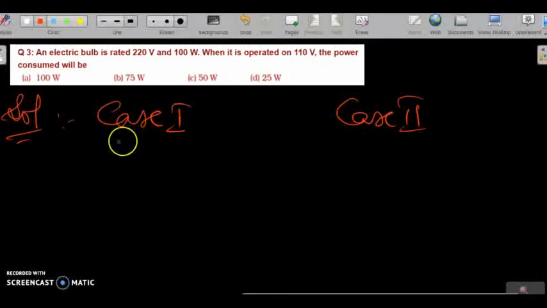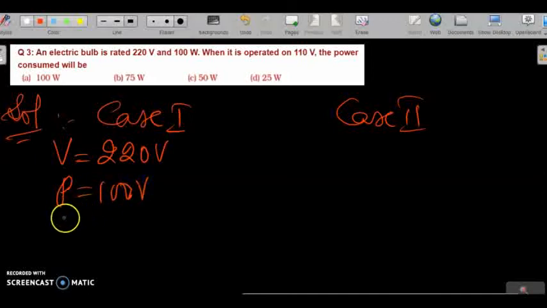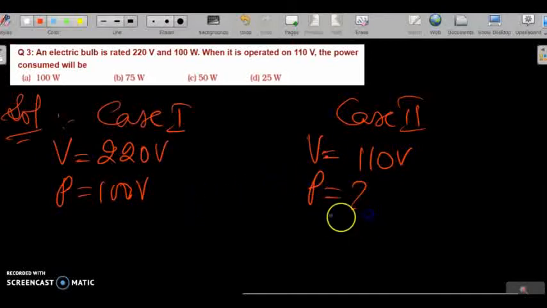In case 1, the potential difference is 220 volts and the power is equal to 100 watt. What is the second case? Second case, potential difference is 110 volt, and it is asking us what the power is.